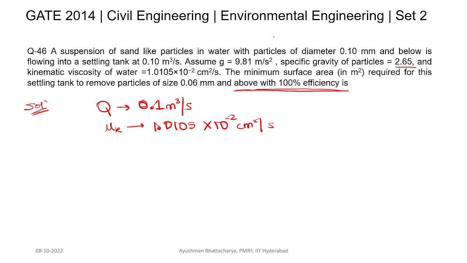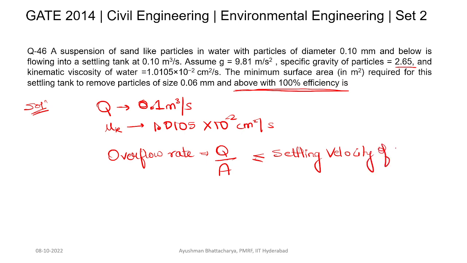Now, particles flowing in a settling tank. So the minimum surface area required to remove particles of this size: we know that the overflow rate is equal to Q by A. For 100% removal efficiency, the overflow rate should be less than or equal to the settling velocity of the 0.06 mm particle.